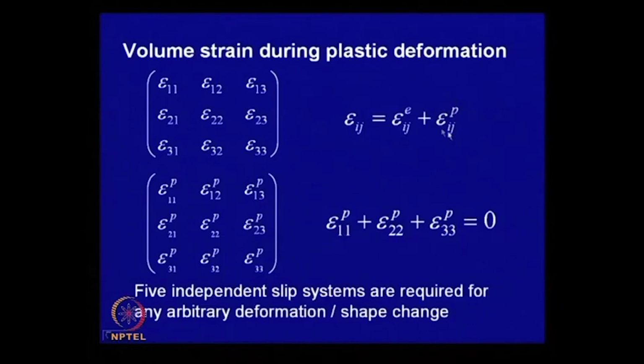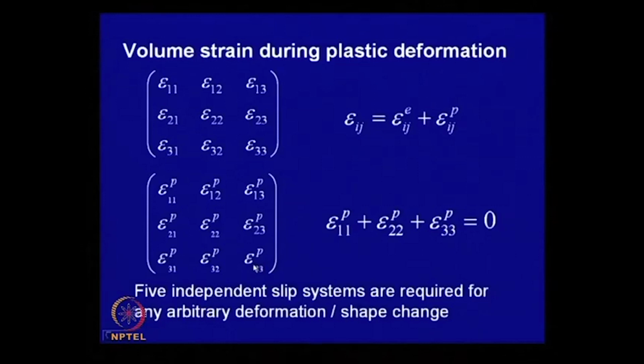When we are dealing with large plastic deformation, we are primarily concerned with the matrix epsilon ij plastic. If you subtract the elastic component, you get the plastic strain tensor or strain matrix, and if you add the diagonal elements, the sum gives a measure of volume strain.